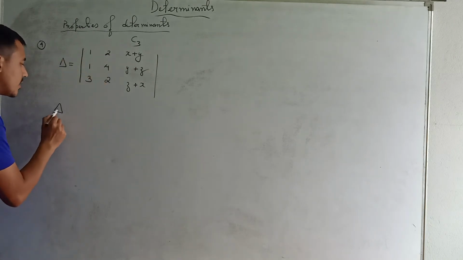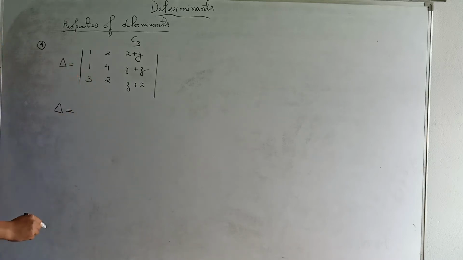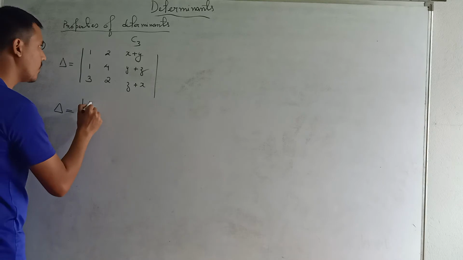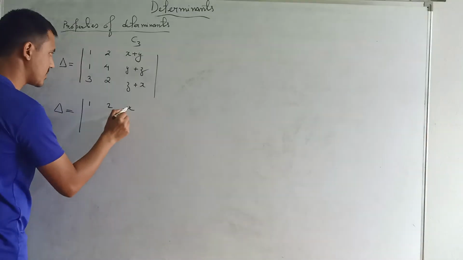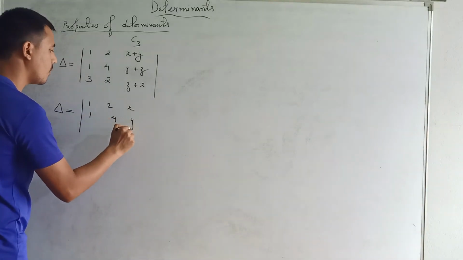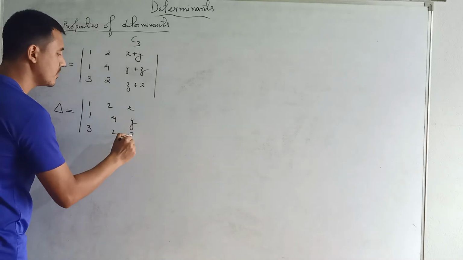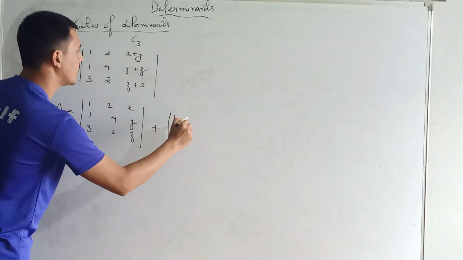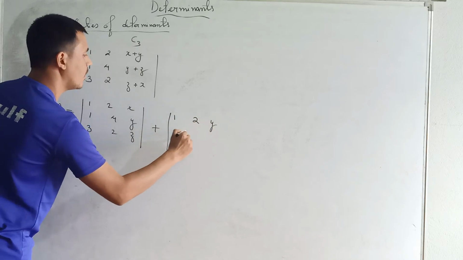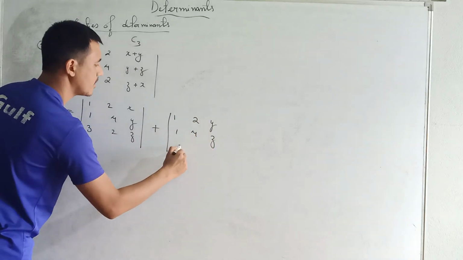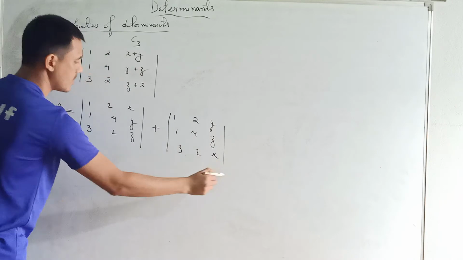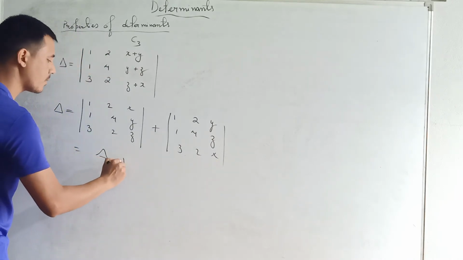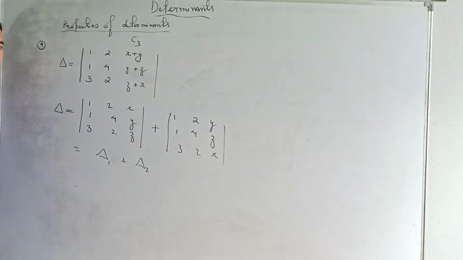So your given determinant will also be expressed as the sum of two determinants. How do I write? 1, 2, x; 1, 4, y; 3, 2, z, plus 1, 2, y; 1, 4, z; 3, 2, x. So this is your delta 1 plus delta 2. Are you following me?